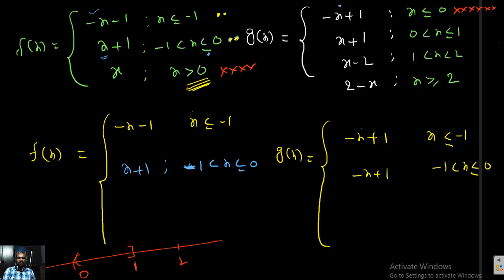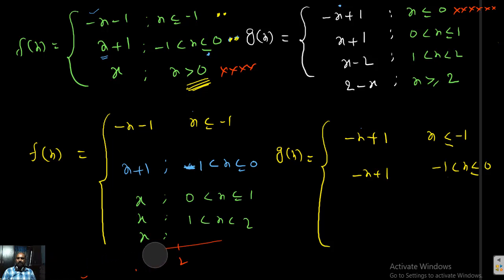That's why, students, same x for 0 less than x less than or equal to 1, 1 less than x less than 2. I want to erase this. For x greater than or equal to 2.